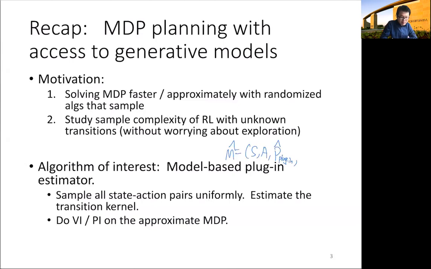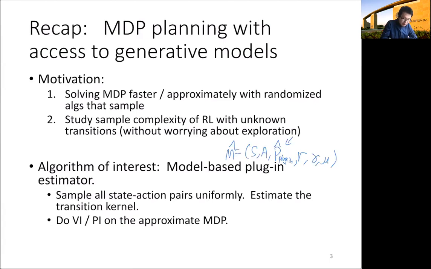We know that this is an unbiased estimator, and once we plug this into this approximate MDP, we assume the reward function is known, the discounting factor is the same, and the initial state distribution is known. So this is the only thing that's approximate. Once we plug this in, we can just take this to be the true transition, and then run value iteration or policy iteration to do planning, right?